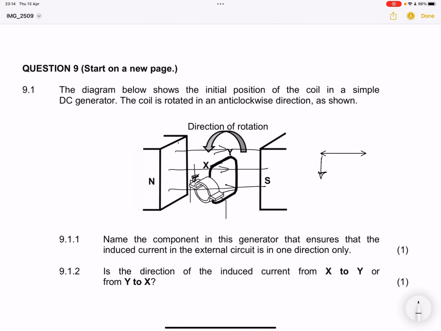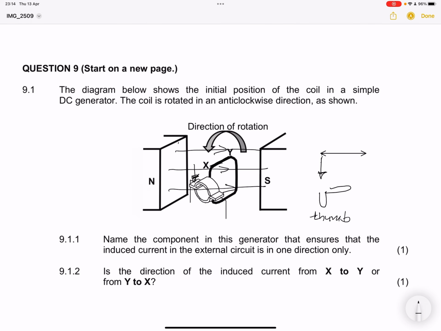Remember that our thumb shows us the direction of rotation. And our field would be pointed towards the right, so the forefinger would be pointed to the right-hand side. This would be your thumb here, and your forefinger pointed to the right.